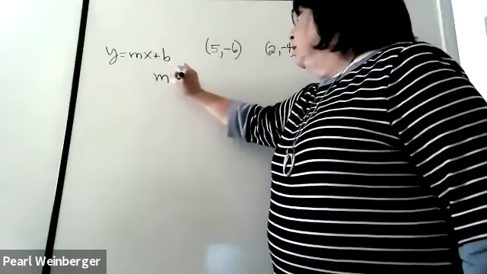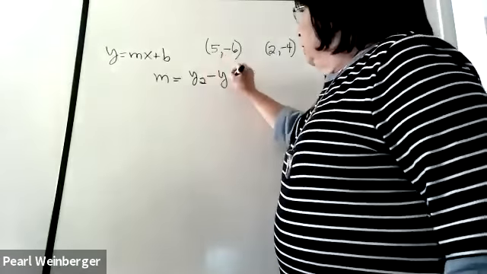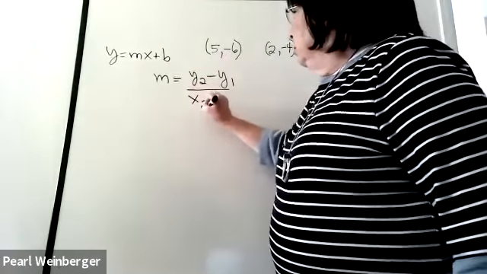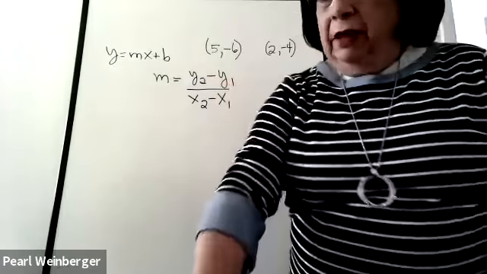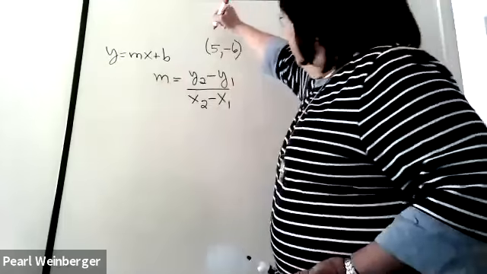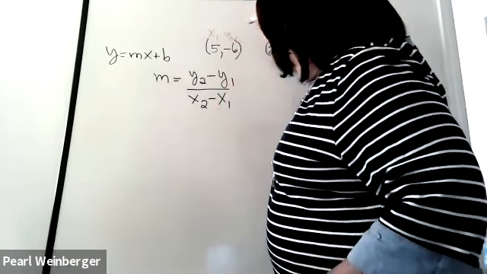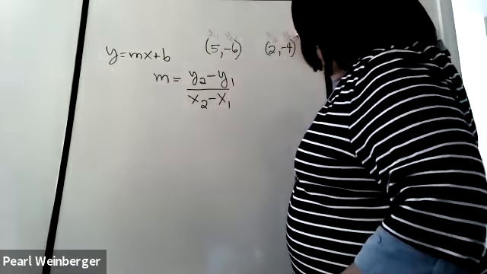y2 minus y1 over x2 minus x1. Again, I'll arbitrarily pick this to be my x1, y1. That'll make this one the x2, y2. We did this before.